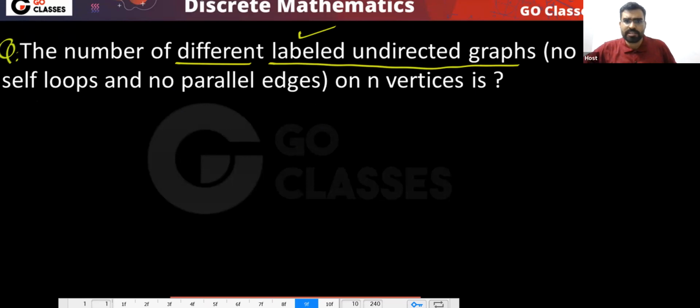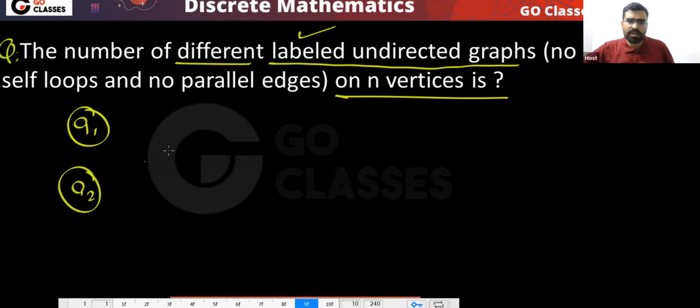No self loop, no parallel edges, means simple graphs, on n vertices. So there are n vertices, like a1, a2, ..., an, and all the vertices are labeled. Now tell me, already you have n vertices. Now for every edge, how many choices do we have?